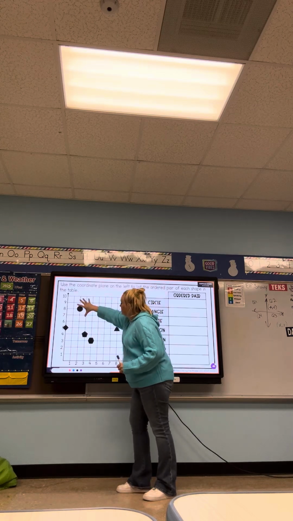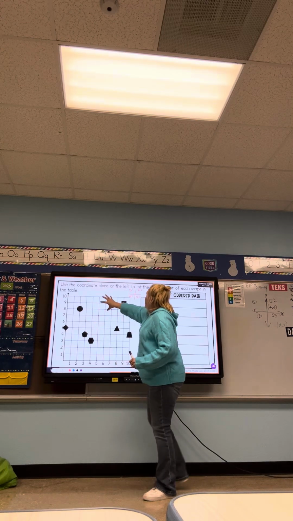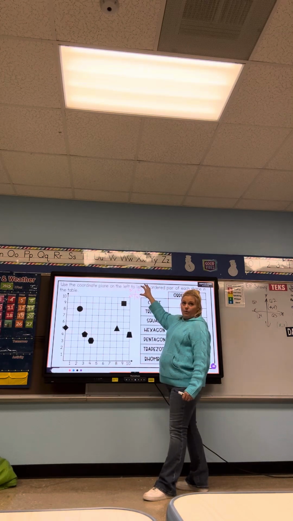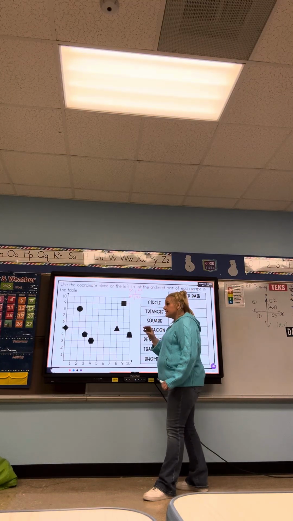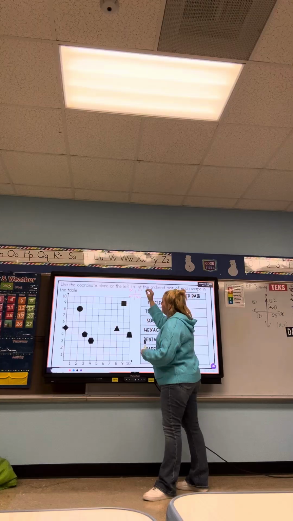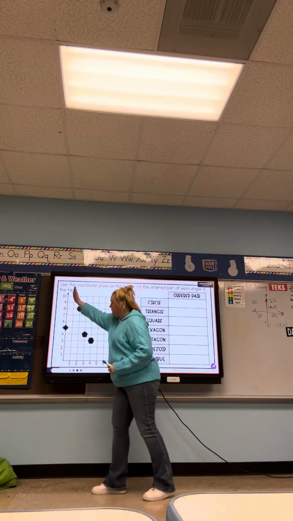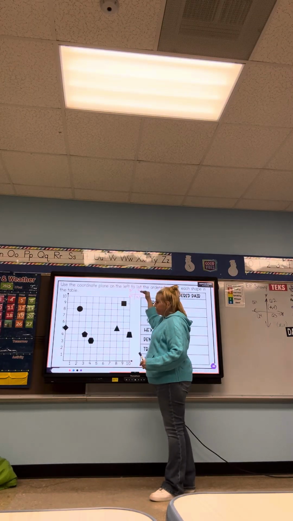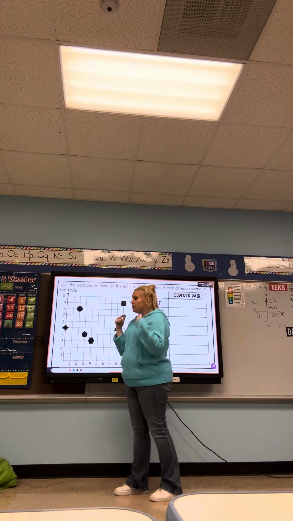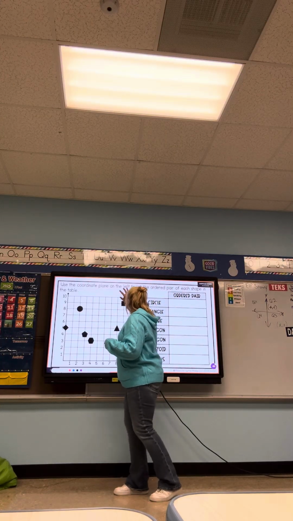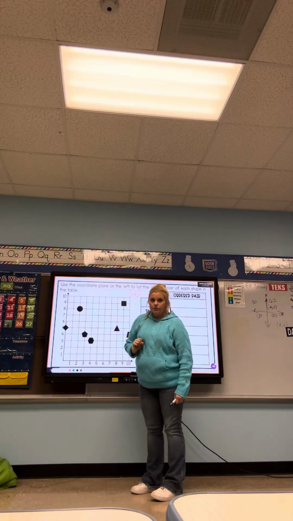So if I minimize this and place it into another quadrant, it's going to fit in this quadrant because of the number line build. It's just something to help you. So minimize, shrink it, and put it in which quadrant it is.